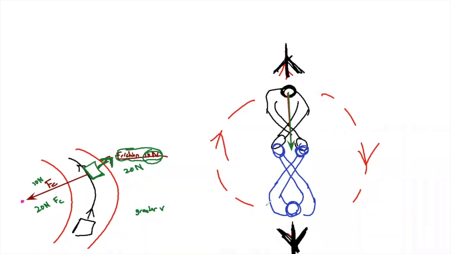I will need greater centripetal force, and I will only get that if my grip is stronger. Imagine that this force is a force that causes our grip to become stronger. If you don't make the grip stronger, you're just going to fly away.